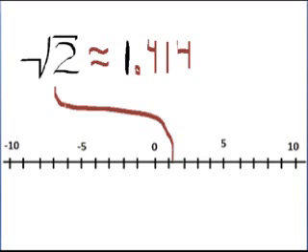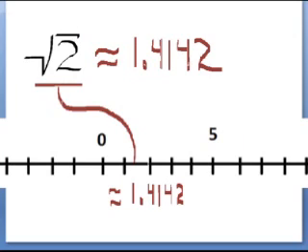Square root of 2 is approximately 1.414 and can be found there on the number line. If we said, let's take a look at this to a higher degree of accuracy, that would be square root of 2 equals 1.4142. That's a higher degree of accuracy, but it's still not exactly the square root of 2.